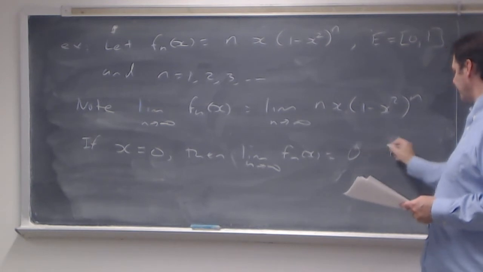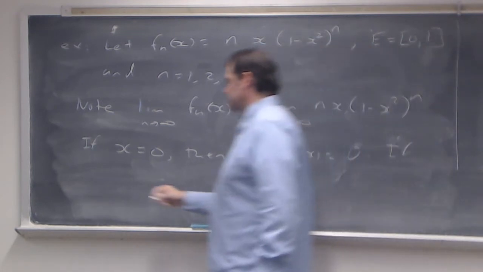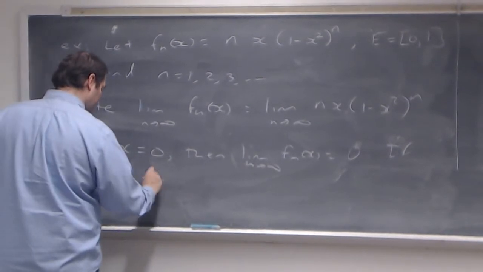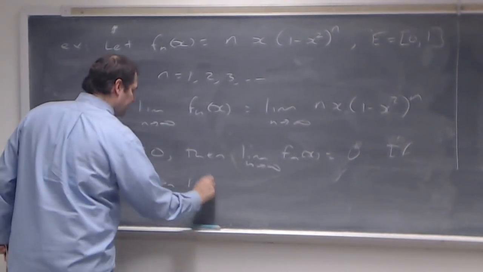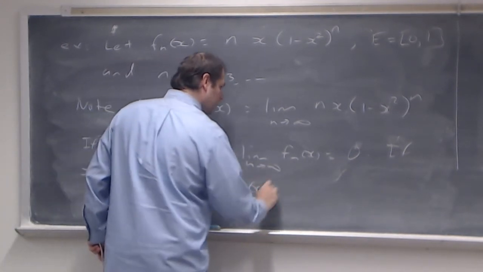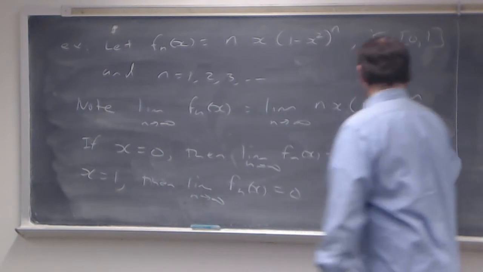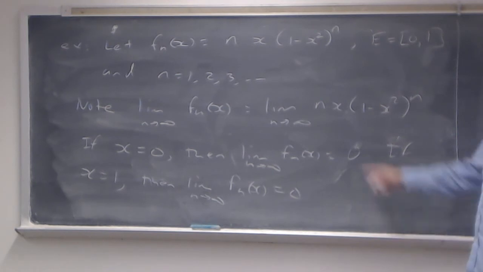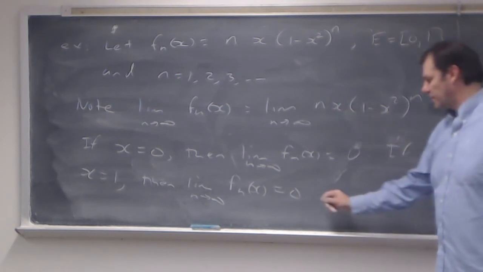Now, if x is equal to 1, similarly, the limit as n goes to infinity of f sub n of x will be equal to 0, because when you square 1, you get 1, 1 minus 1 is 0, 0 to the nth power is going to be 0. And so we just get 0 here.